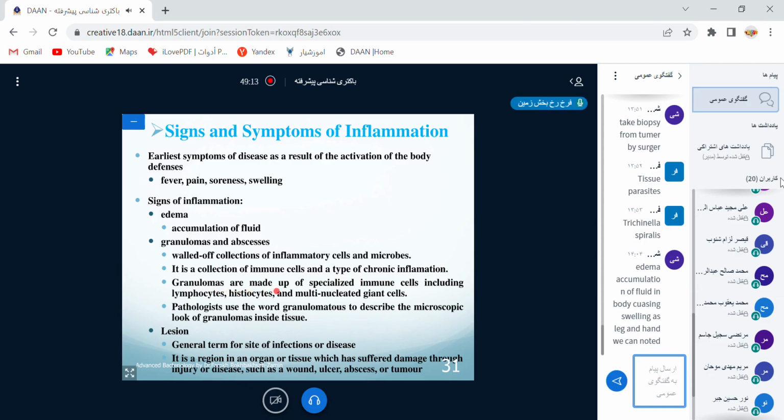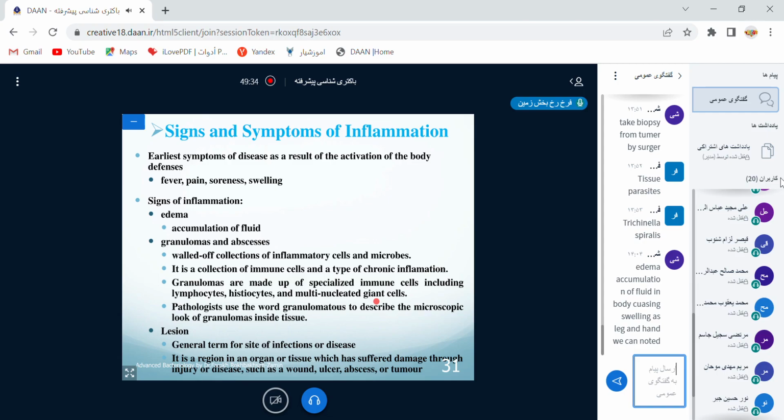Granulomas are made up of specialized immune cells, including lymphocytes, histiocytes, multinucleated giant cells, different immune cells, as well as bacteria. Why do they come here?